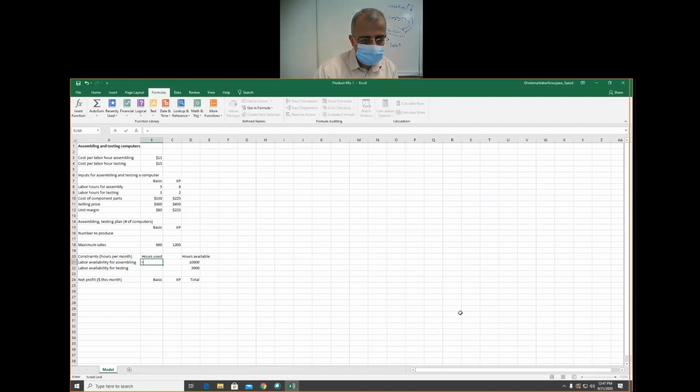It is the sum product of this row for assembly by this one. B8, C8 times this row, numbers to produce, B16 and C16.